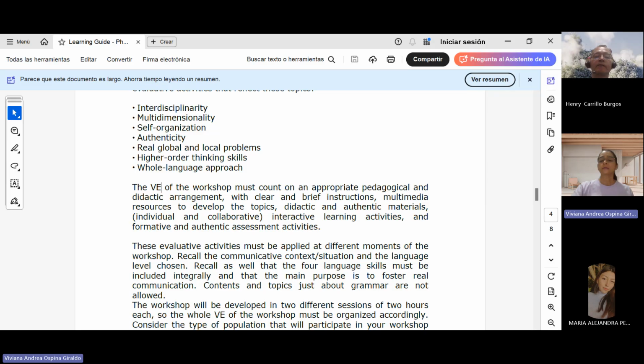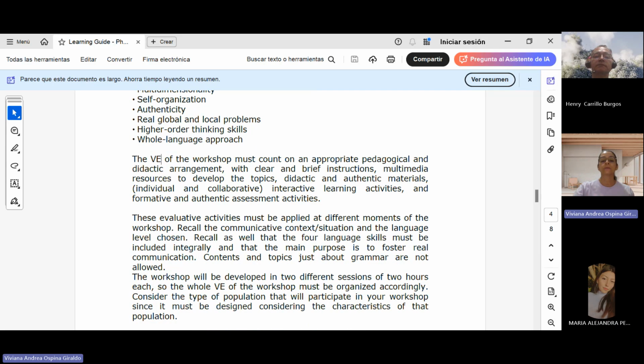So this must count on an appropriate pedagogical and didactic arrangement with brief instructions, with multimedia, with all these didactic, authentic materials. The student needs to work individually and collaboratively, and also have interactive learning activities, right?